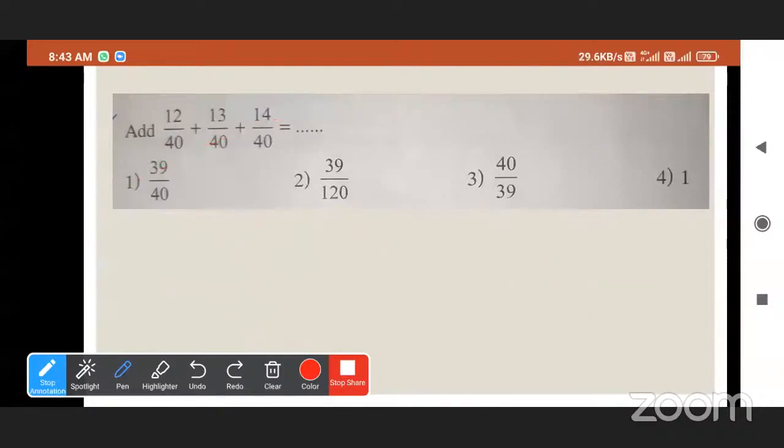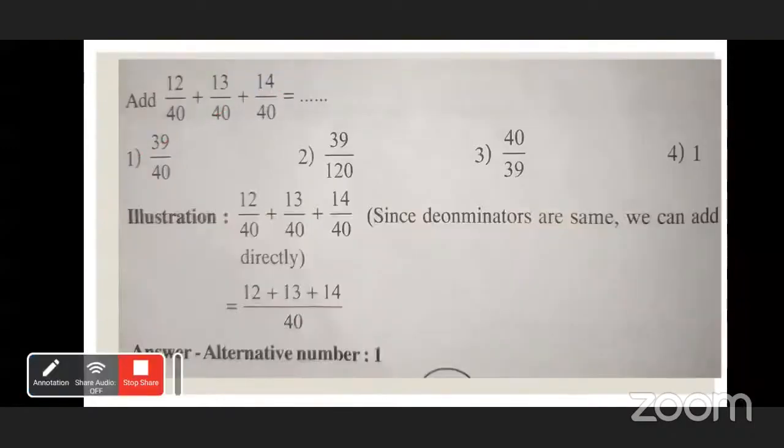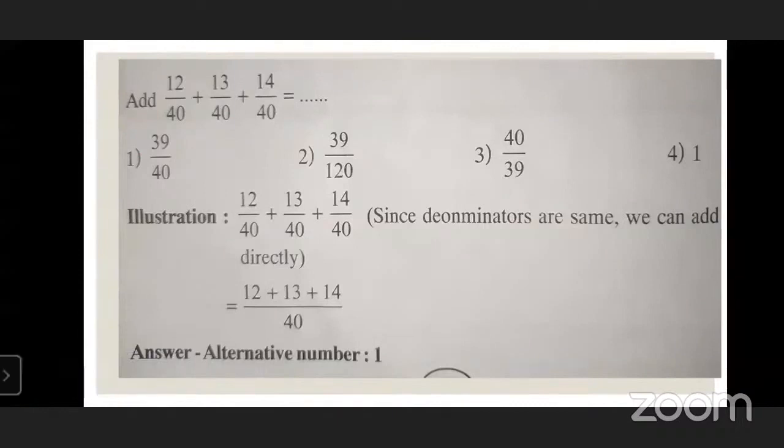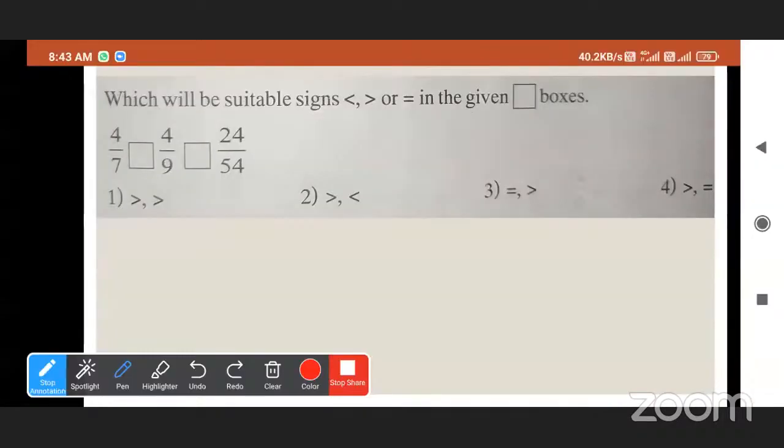Good. Okay, see here. The alternative number is 1, means the correct answer is the first one. We have to put which sign, greater than, smaller than, or equal to, in the given boxes.